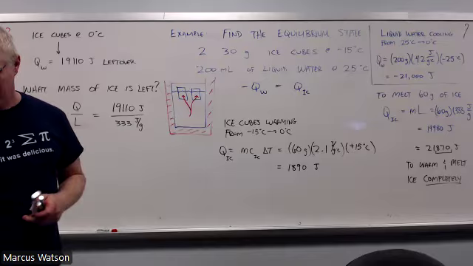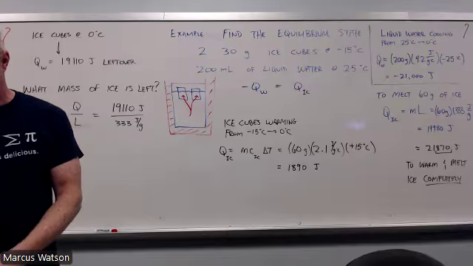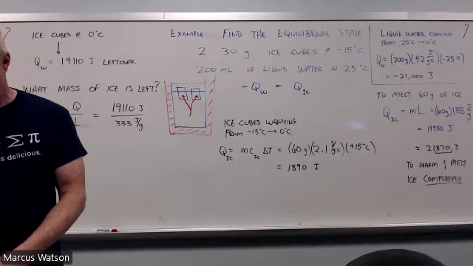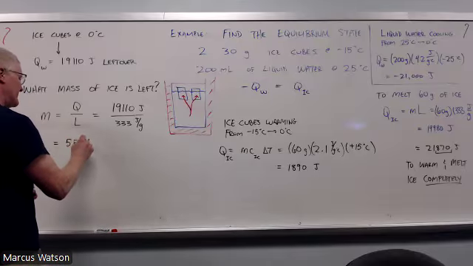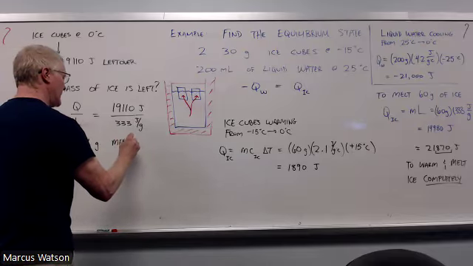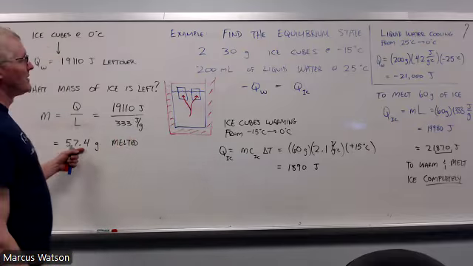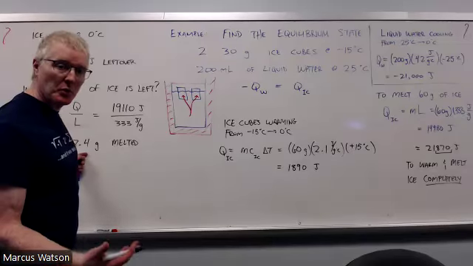Let me call a friend. Okay, it's 57.4. Wonderful, thank you. 57.4. So that's how much is melted, and therefore I should have 2.6 grams of ice left in 0 centigrade water.